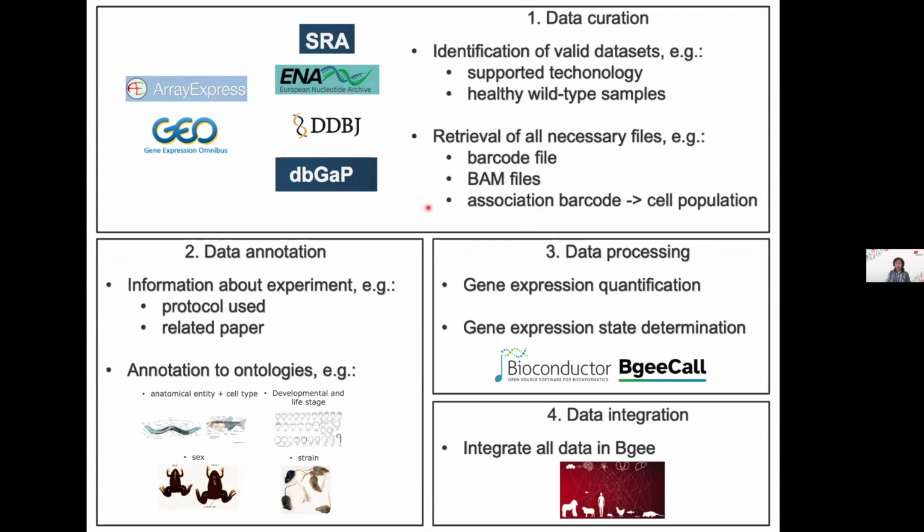And when this is missing, which is alas too often, we look at the supplementary data, at what they put in Zenodo or Figshare, and we contact the authors. And if they don't provide it in the end, we cannot integrate it, but that means you couldn't use it either. It's not usable. Then we annotate this based on the protocol used and the paper, annotate to the ontologies of anatomy, cell, development and life stage, sex and strain.